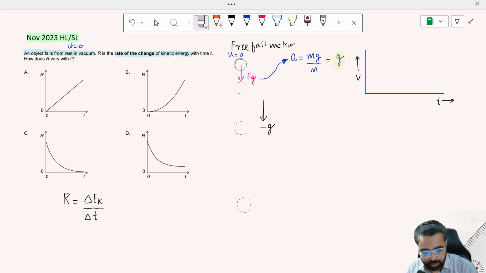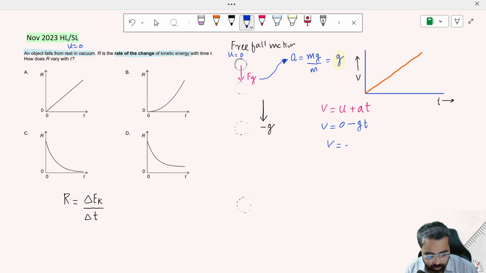Anyway, in both scenarios we know that the velocity is increasing. And how do we know that? We also endorse it from the equation v equals u plus at. So what is v? The final velocity, that is 0 minus gt. So this is the velocity of the ball.